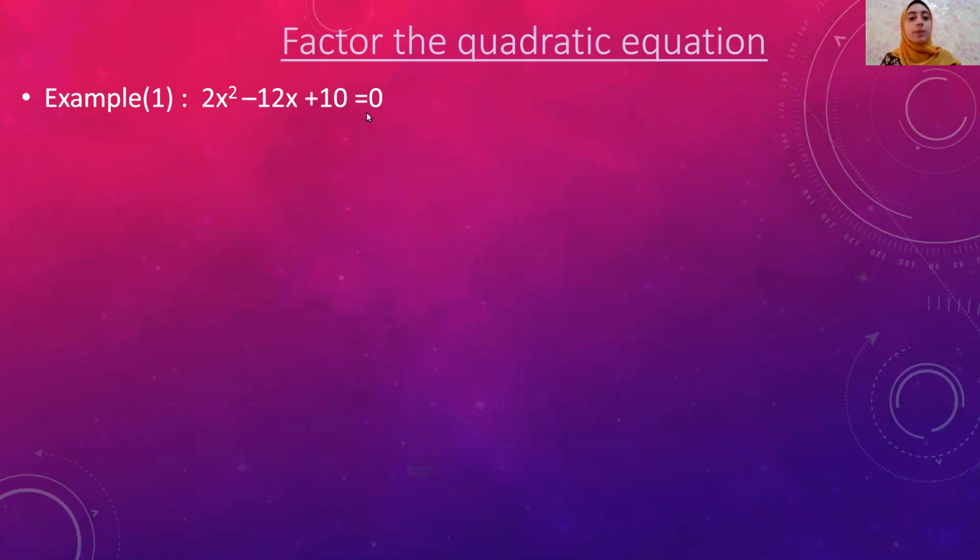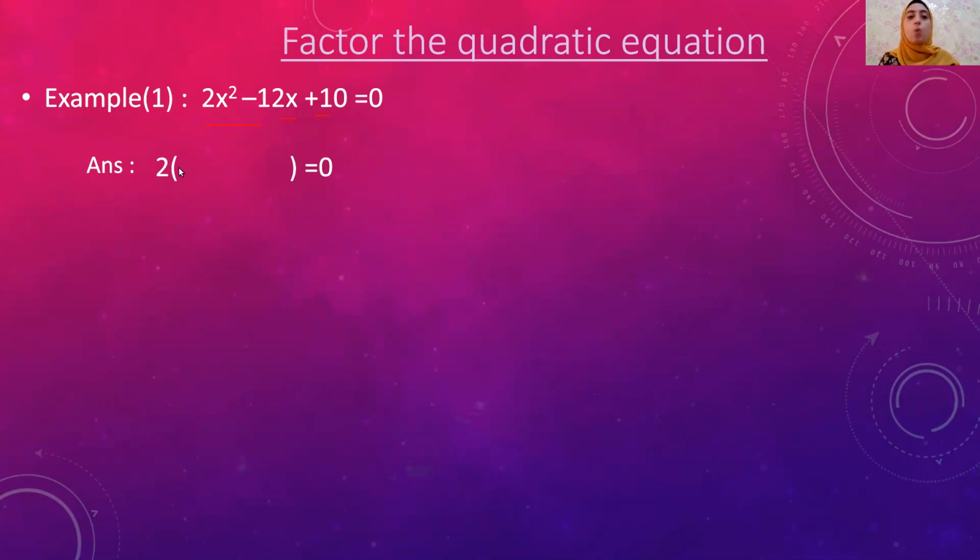To factor this trinomial, the first thing you have to ask yourself is, between the numbers here, is there a common factor? Well, all 3 numbers are even, so they must be divisible by 2. So let's factor out 2.